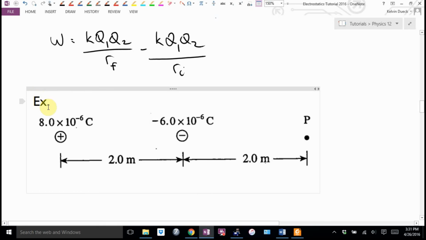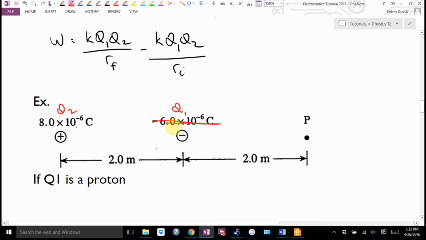I could say, if, let's do our Q2, Q1. If Q1 is, let's make it a proton. So we'll cross that out. We'll make this positive.